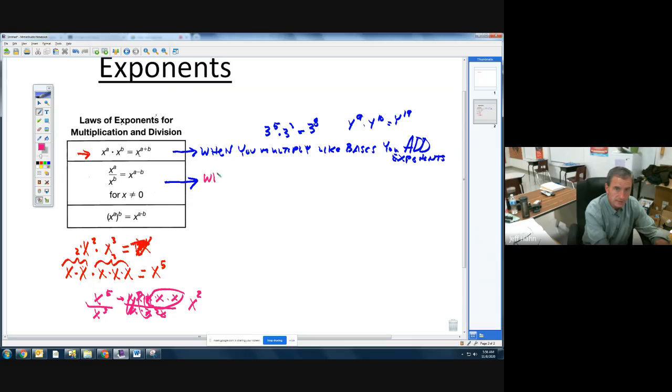When you divide like bases together, you subtract exponents.